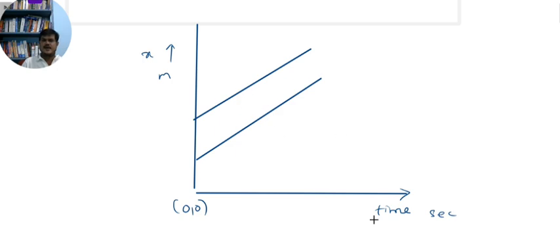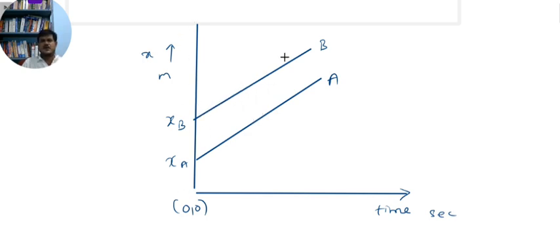The two slopes make the same angle with the x-axis. I know very well that the two slopes are equal to one another. So this is car B, this is car A, with the initial position of A and the initial position of B. Time goes along the x-axis, displacement along the y-axis.